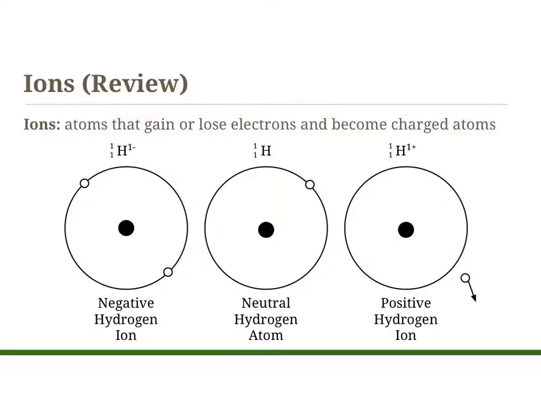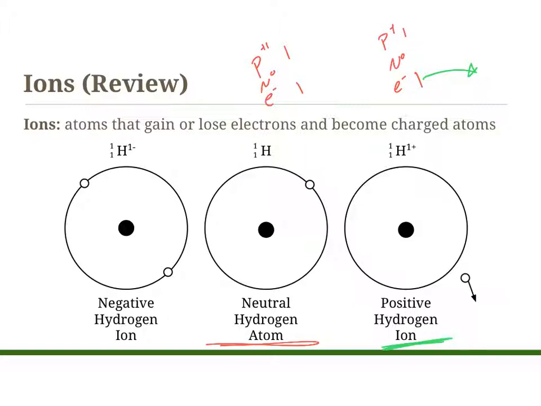Now, ions we have to review a little bit. A neutral atom of hydrogen will have protons, neutrons, and electrons. 1 proton, 1 electron in a neutral atom, so it will look something like this guy right here. Whereas a positive hydrogen ion will have a proton, and the electron is gone, so what that means is that this 1 electron here left the atom, and we get a positively charged ion.